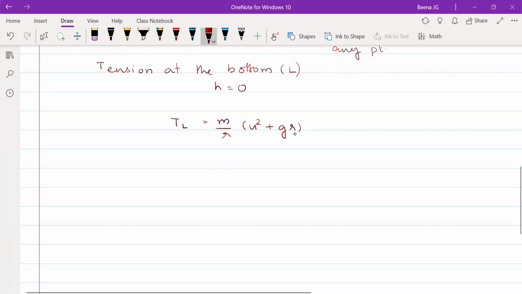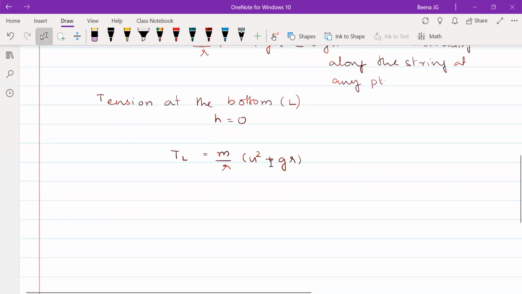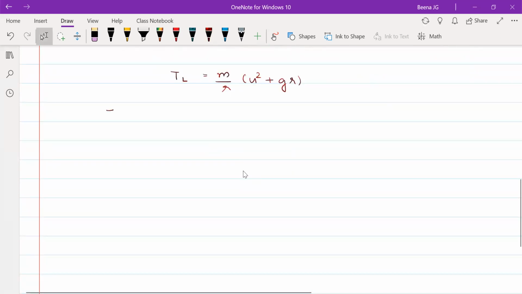Now we will find tension at the highest point. Okay, this is tension at the bottom, what we have done. Now, tension at the highest point.